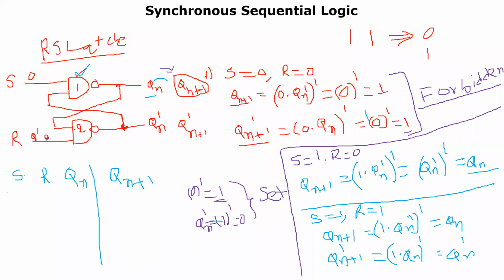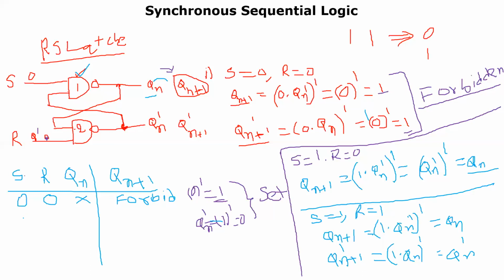So initially, 0 0 will be submitted. We don't know what is the value of that particular Qn. So how could the value become? So this is called the forbidden state, otherwise the indeterminate state.